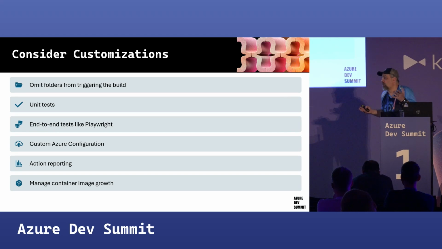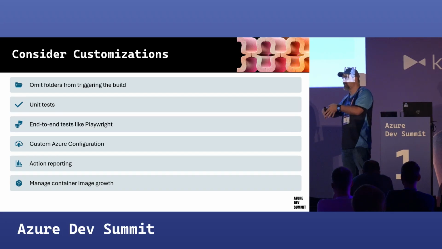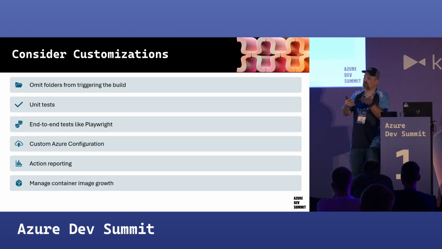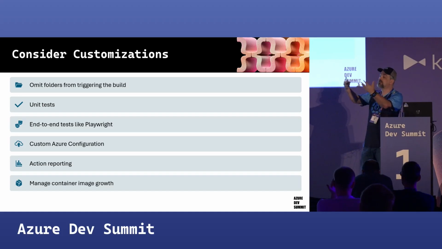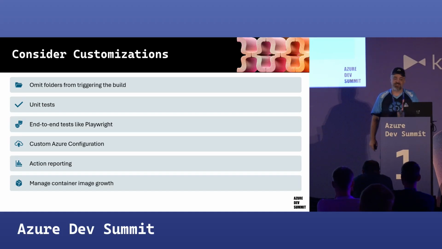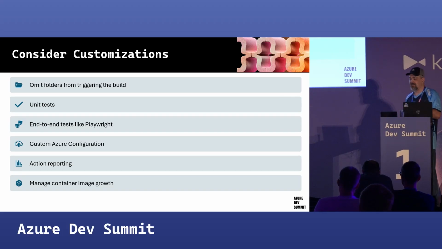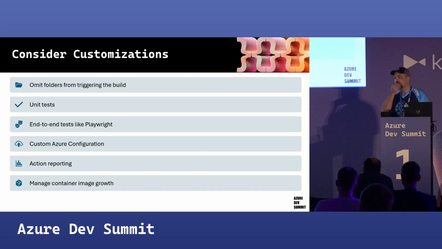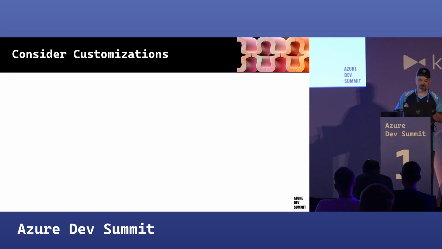Maybe you want to add some reports into it also, so that when the tests finish running, you get a little report that pops out on that pull request or on that action that says, hey, here's how things performed. Here's what was successful. Here's what wasn't. And the last one that I get into is managing container image growth. So we'll come back and talk about that one in a little bit.